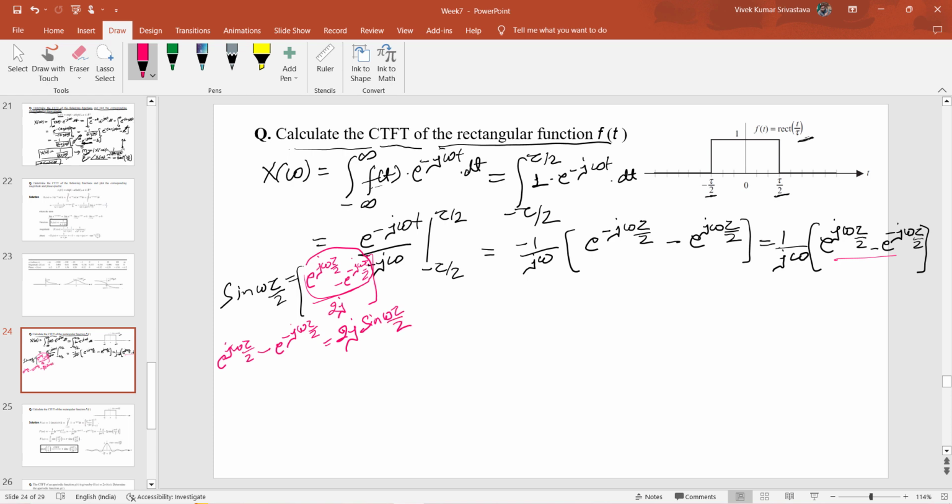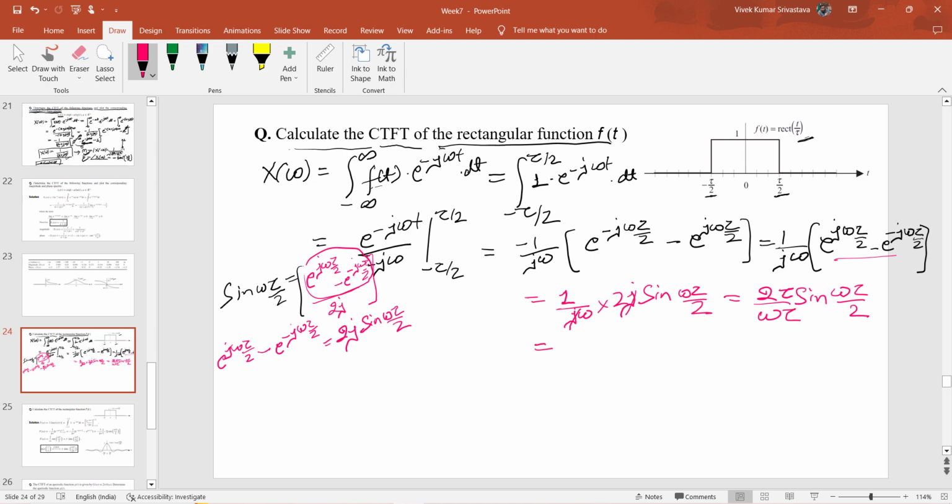So you can write this as 1 over j omega into 2j sine of omega tau by 2. This j term will cancel and you will get 2 by omega sine of omega tau by 2. Now you can multiply tau in both numerator and denominator.